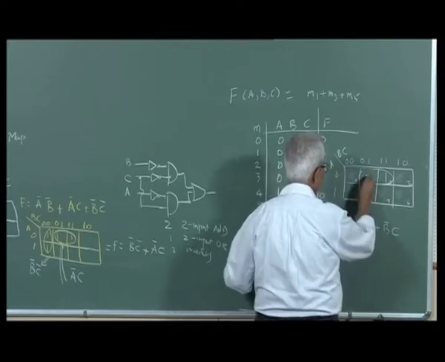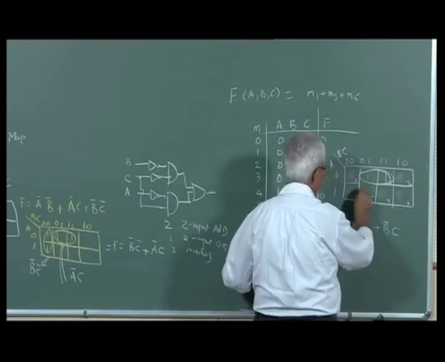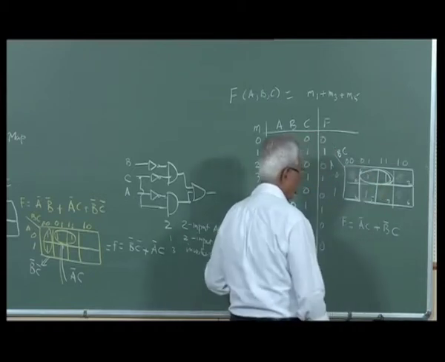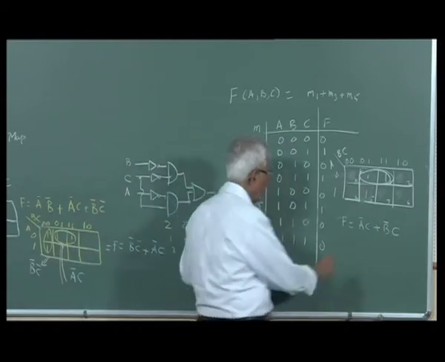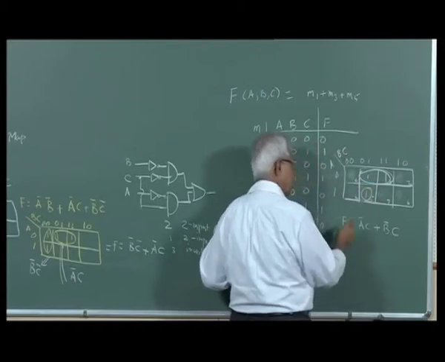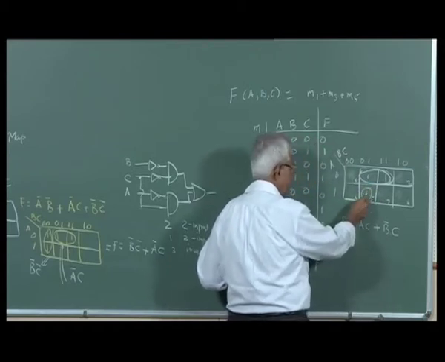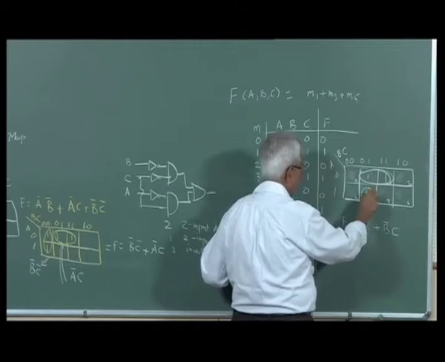I have already covered this one and this one. This one is uncovered. I have to cover all the ones. Only then it's simplified. Now supposing I do not cover this way, I cover this way. This is also right, but this will have 3 terms. This is A, B bar, C.